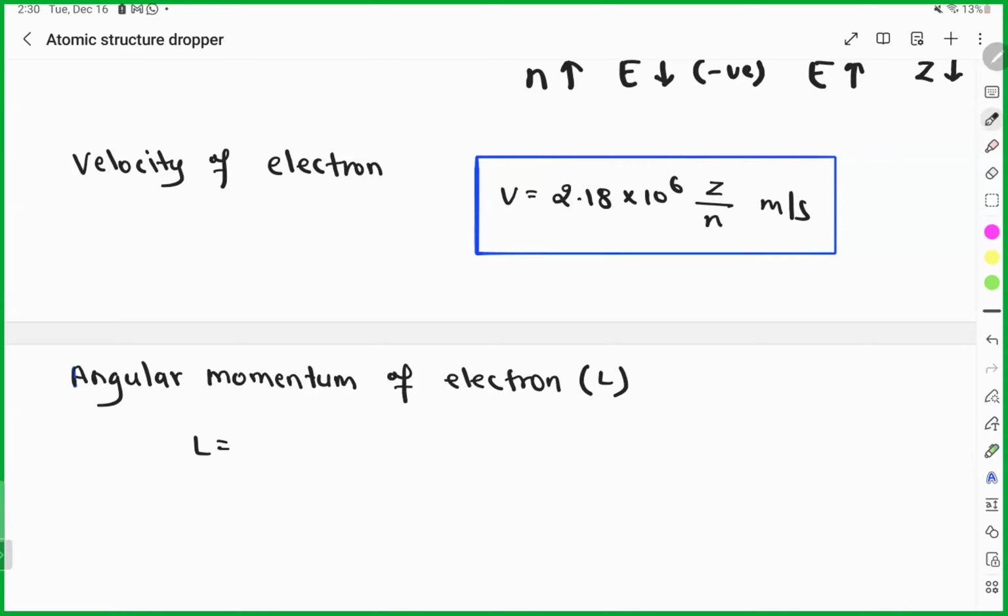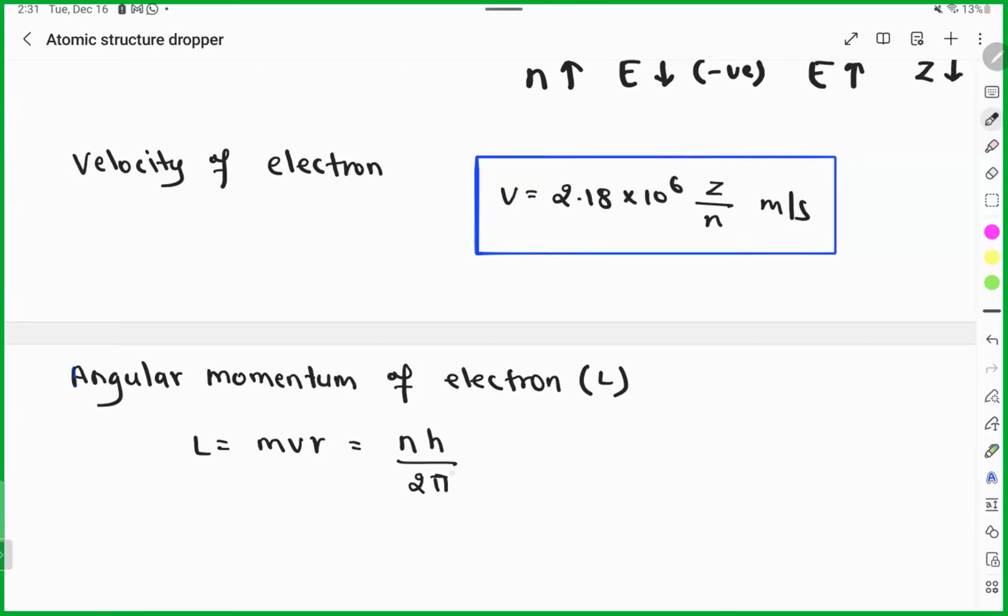Pratigya? MVR. Angular momentum is equal to mvr in rotational motion. Right? It is also equal to nh upon 2 pi.